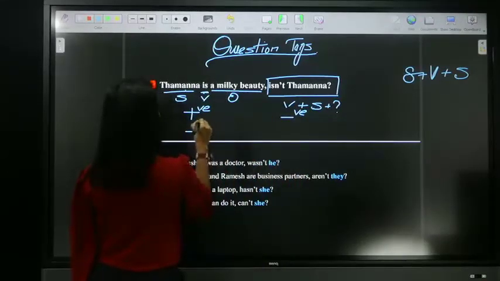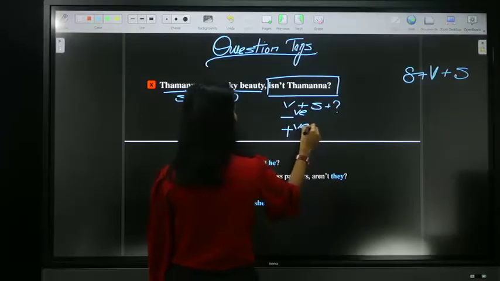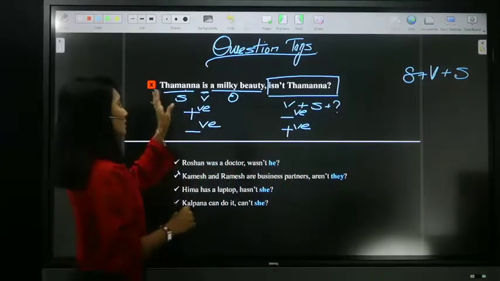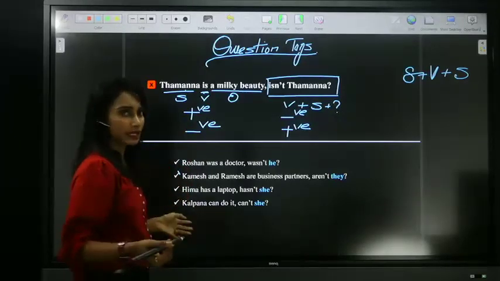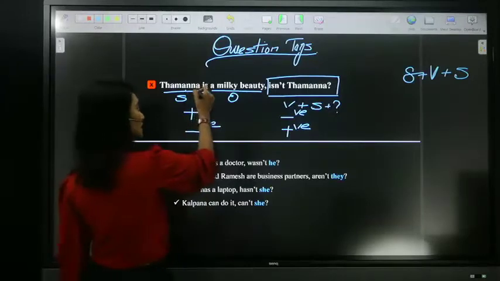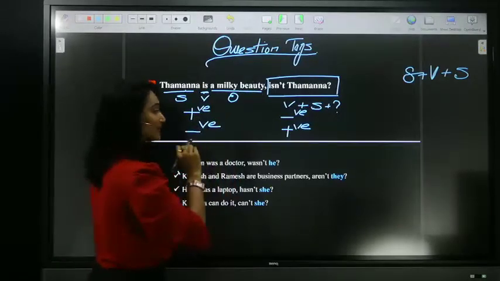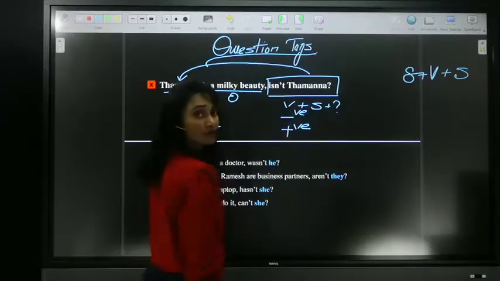If the sentence is negative, the question tag must be positive. Now, Tamanna is a milky beauty. Is it positive or negative? It's positive. That means you require a negative question tag. So is plus not, isn't, and we require a pronoun form of the subject.